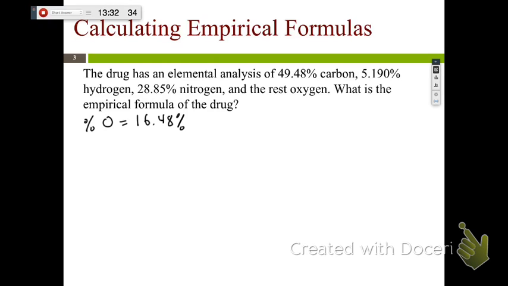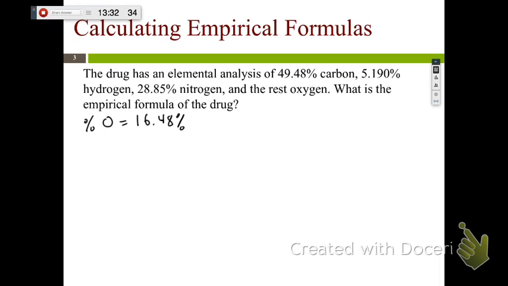A lot of people might want to skip this step, but it's really important to me, conceptually, that you understand what you're doing. Jackson? Okay, so if you have percentage of something, that's out of 100, right? So you can just convert the percentage into grams if you have 100 grams of the substance. Okay, exactly.